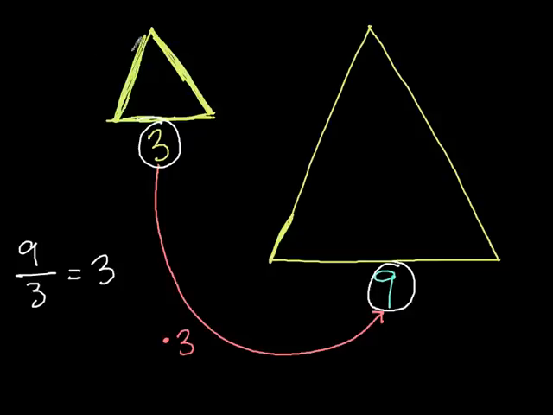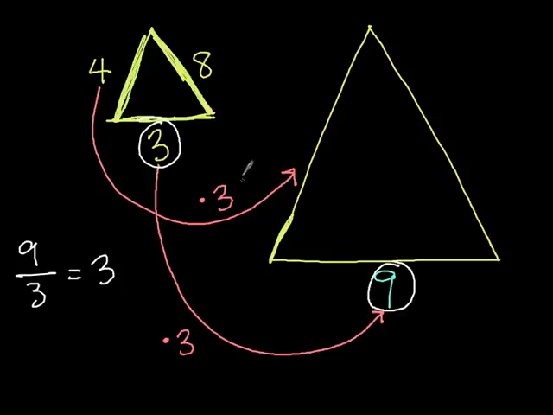So in the same way, let's say this side is, I don't know, what should we make this side? Let's say this side is 4, and this side is 8. We know the scale factor is 3, so to get to the corresponding side over here, we have to multiply by 3. And to get to the corresponding side over here, we also have to multiply by 3.